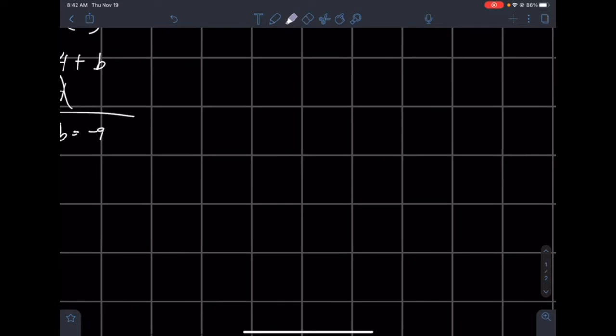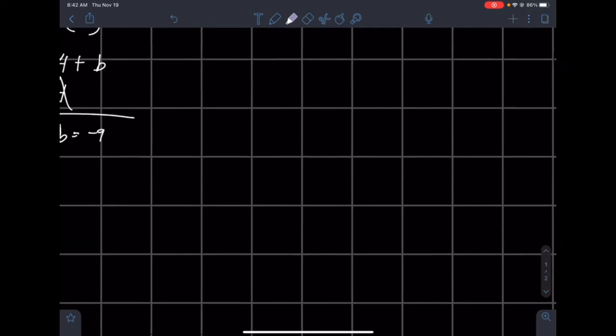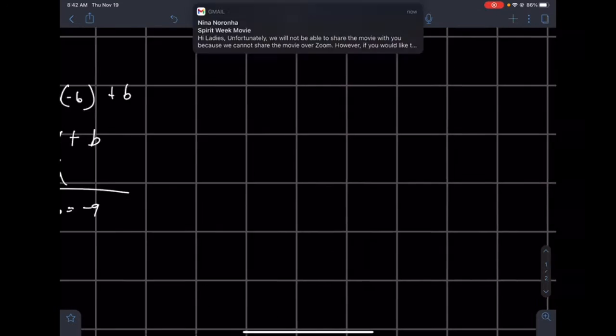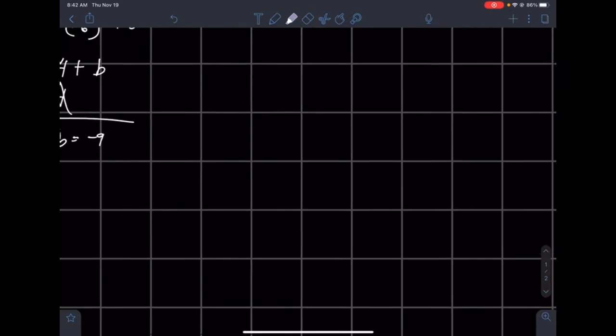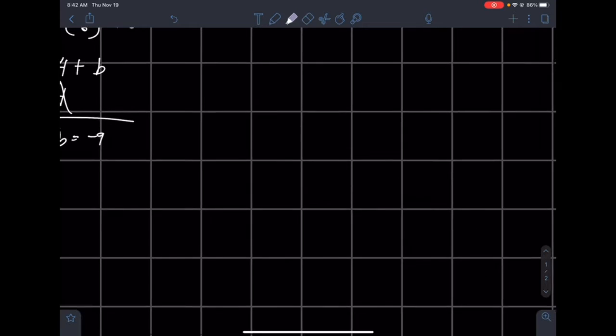And then we have to move this over, so it would be plus 2/3 x on both sides. So y minus 1 equals negative 2 plus 1. Y equals negative 1, because we had a negative, so that is that.